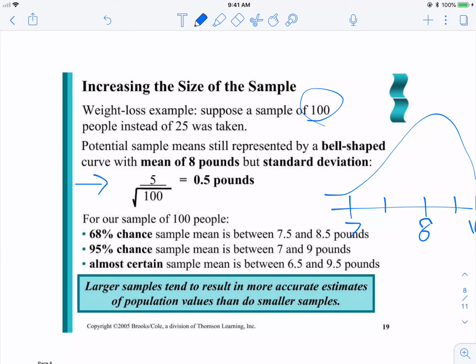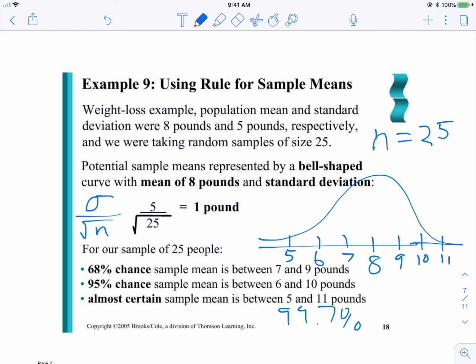I'm sorry, that would be 9 pounds. And it took us 2 standard deviations. So now there's a 95% chance that that sample mean is going to be between 7 and 9 pounds, when previously there was only a 68% chance that it was between 7 and 9 pounds.